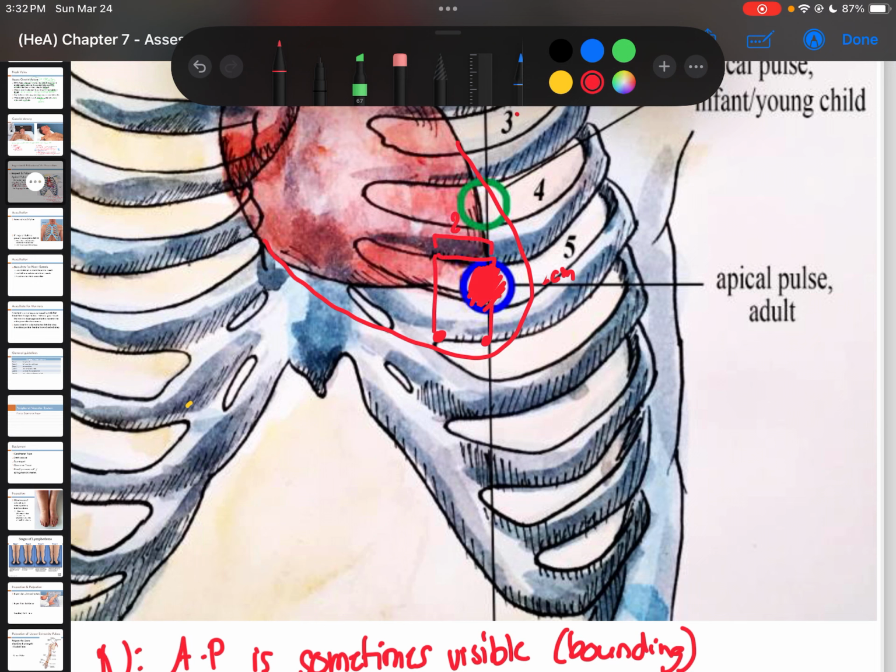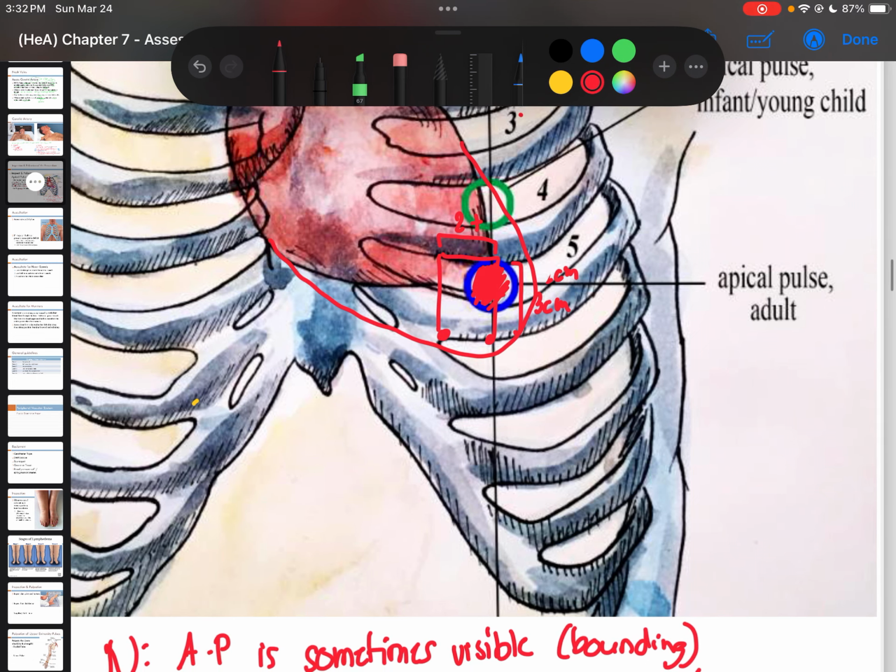This is around, let's say, 3 cm. So the tendency is that we are hearing that because there is an enlargement of the heart.